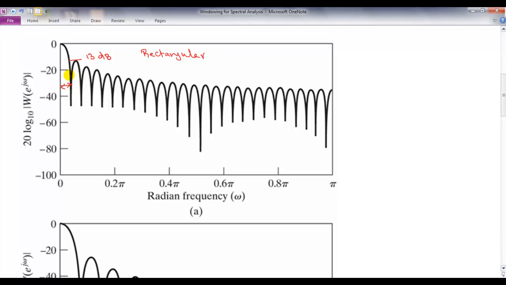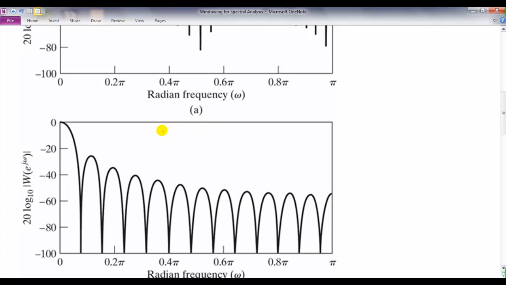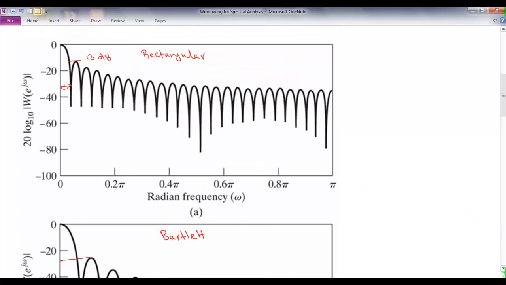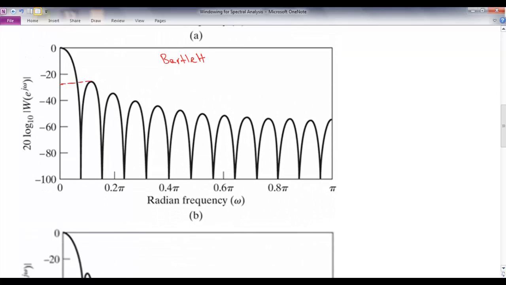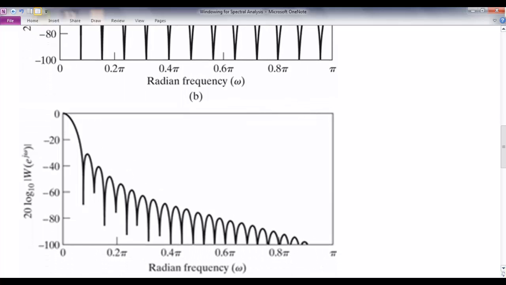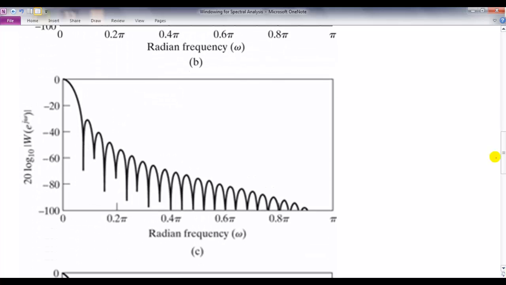Okay, at the same time, it has a really small main lobe width. Now, on the other hand, if you come to Bartlett, for example, so this is Bartlett, or triangular, its main lobe width increases, but its side lobe now is much smaller than the rectangular, which was only 13 dB below. Okay, you can push it even further by, this is Hahn.